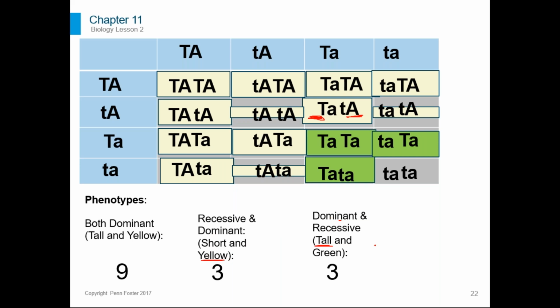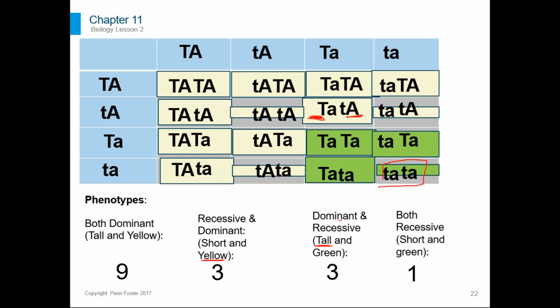And then the most rare possibility is having 2 recessive traits. There's only one example of offspring that is both short and has green seeds. This is the only block where there's no dominant traits to block out those recessive traits.